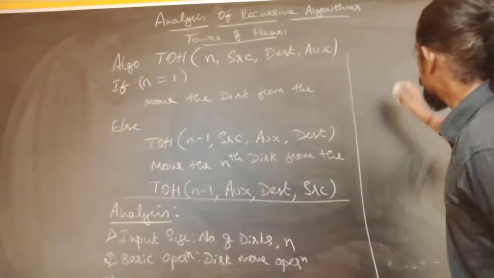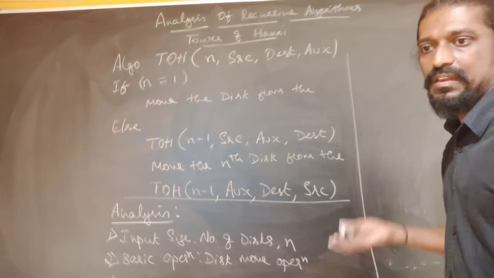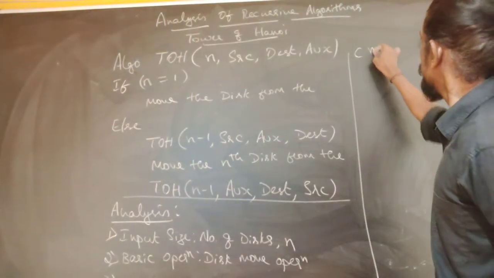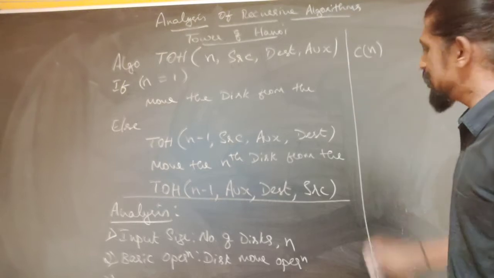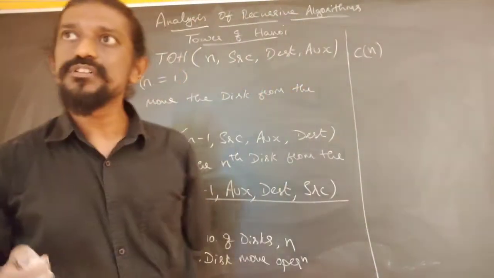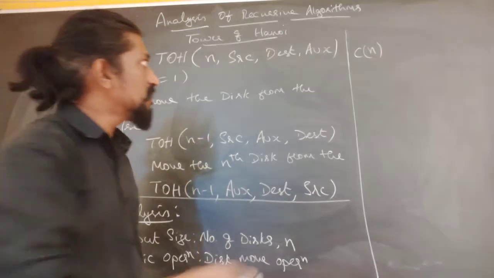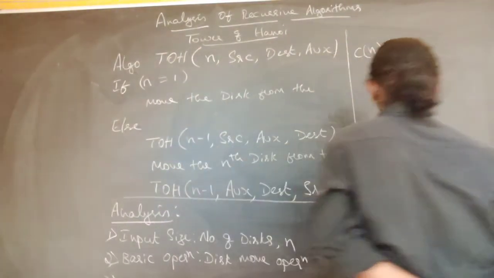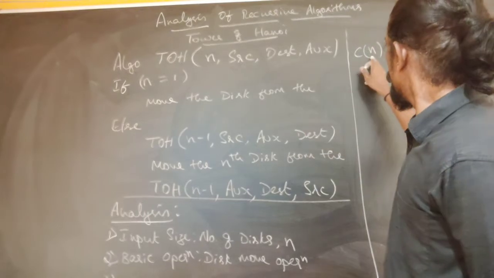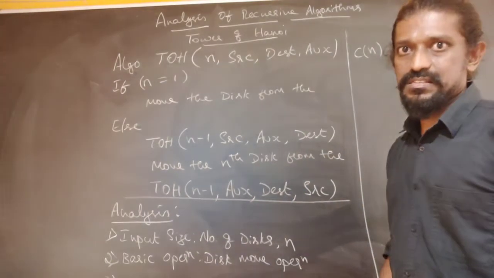You can call it t of n, a of n, m of n, x of n, any name. So here we will call it C of n. So C of n is a function which will count the number of times the basic operation is executed for an input size of n. We want to find out how many times the disks will be moved when there are n disks.